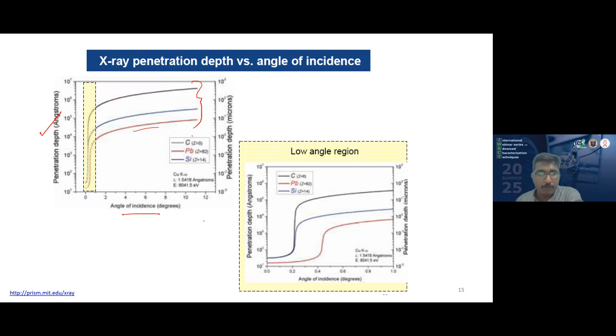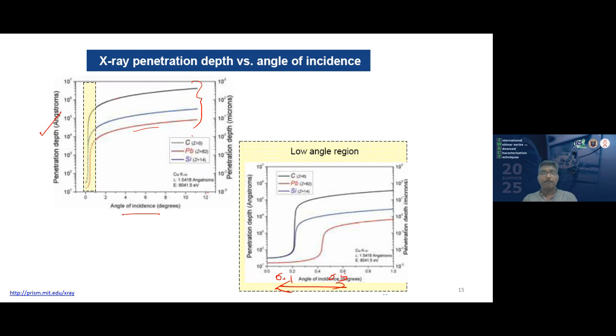Whereas in the case of the low angle regime, the penetration depth reduces to about a few nanometers. That means when the angle of incidence of the X-ray is very small, of the order of 0.1 to 0.5 degrees, in this region we can confine the X-rays within the film itself, not going to the substrate.